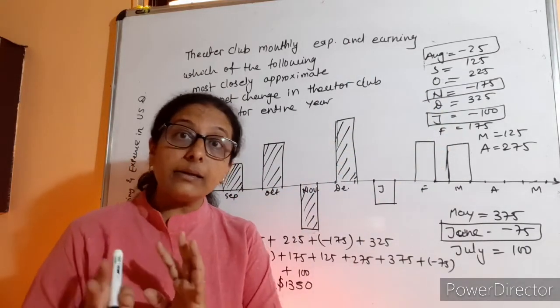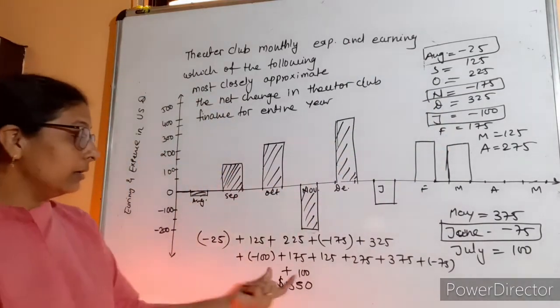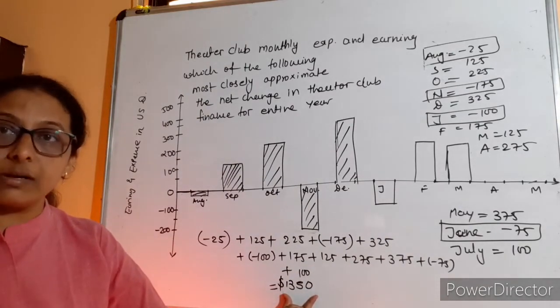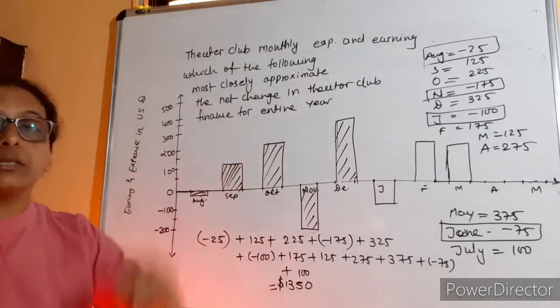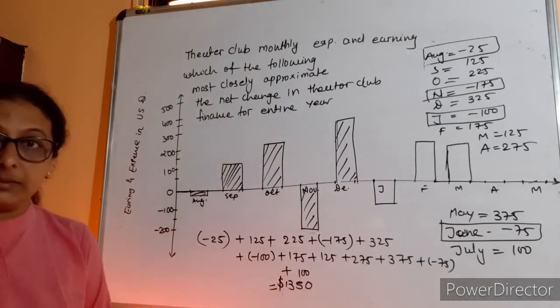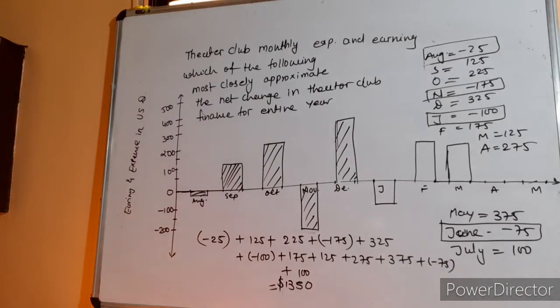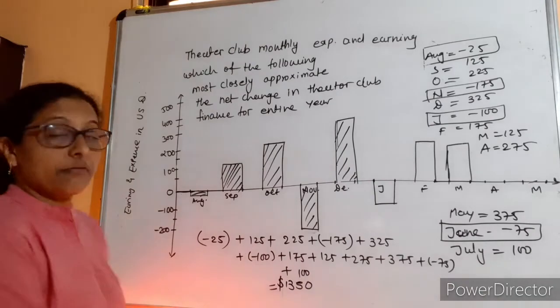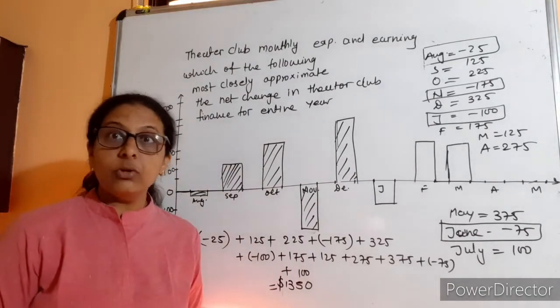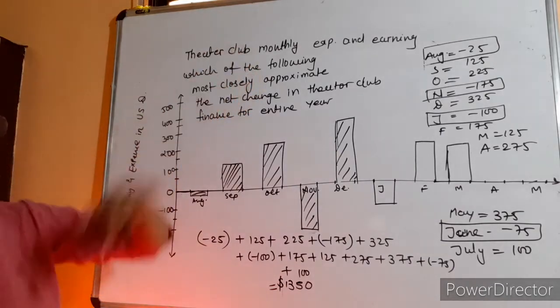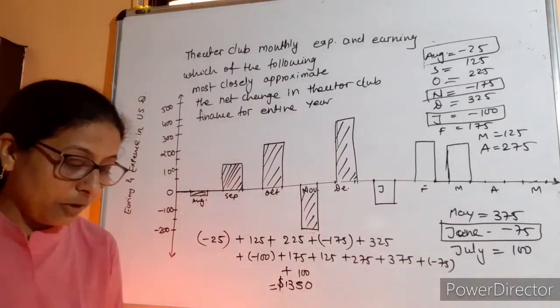So ultimately in the entire year, they will get a profit of 1350 US dollars. That is the question, and here is the answer. So this is the net profit. If it is negative, then it is a net loss. In this way we can find extra information from the bar graph.